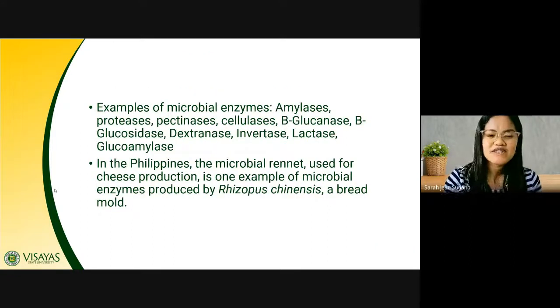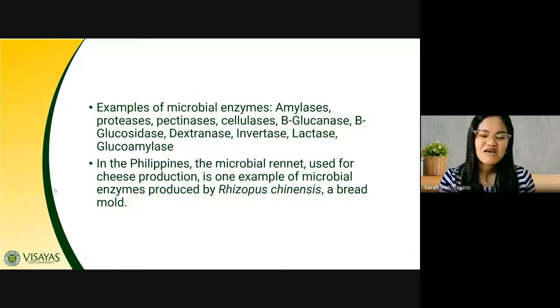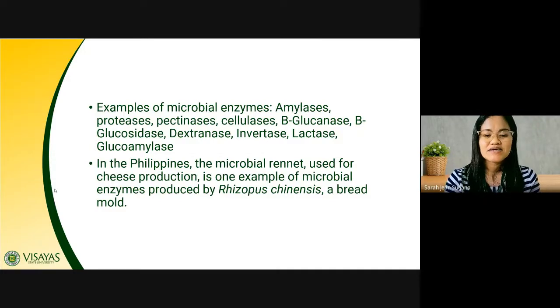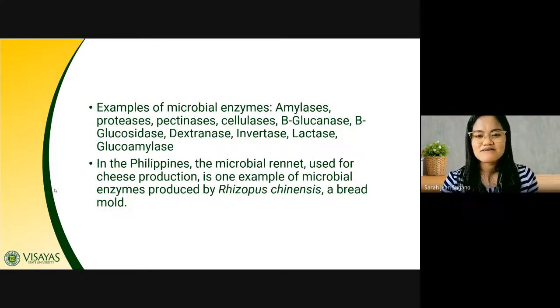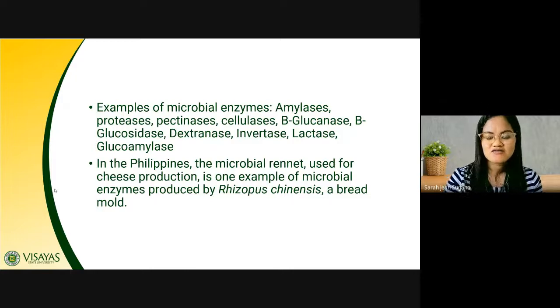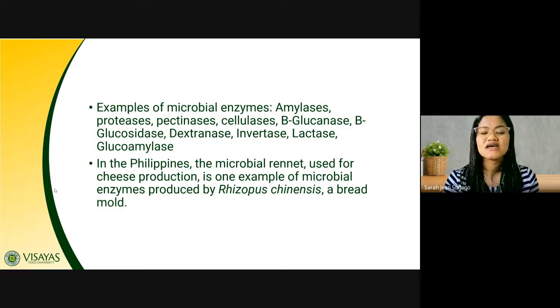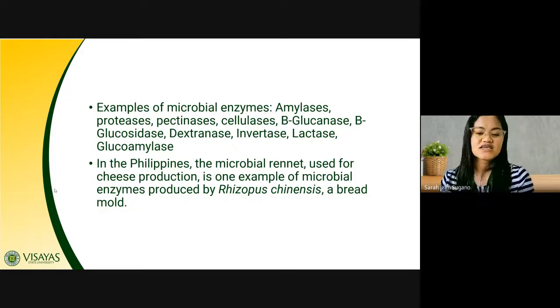Examples of microbial enzymes that can be found in microorganisms are amylases, proteases, pectinases, cellulases, beta-glucanase, beta-glucosidase, dextranase, invertase, lactase, and glucoamylase. Enzymes are biological products that can hasten a reaction without the presence of such chemicals.